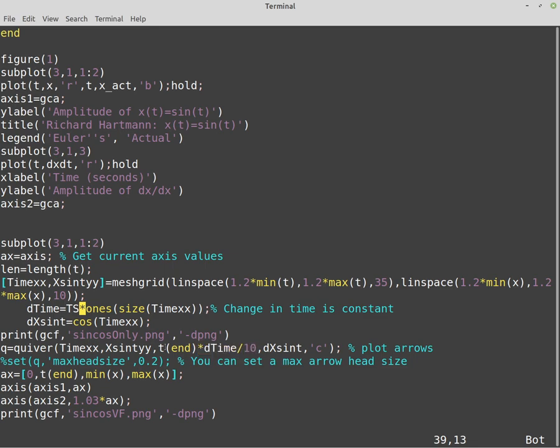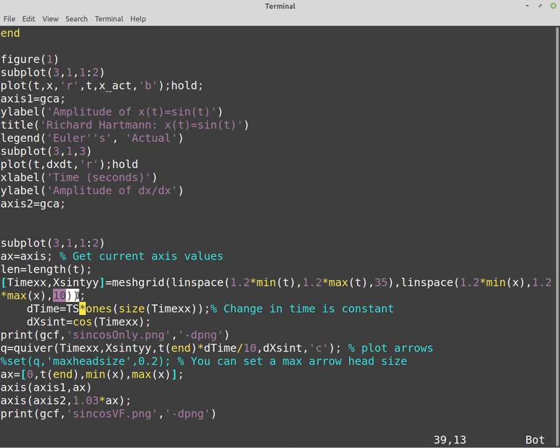How fast it's changing in each direction is what it uses to plot the arrows. The size of the arrows depends on those, so you can scale them a little bit to make them look nice. The TN divided by 10 that I stuck in here was just experimental. I had to run it a few times until I got the arrows that I thought would look nice.